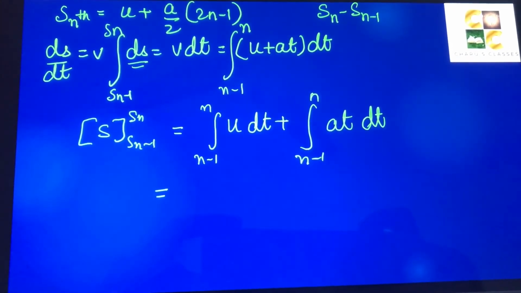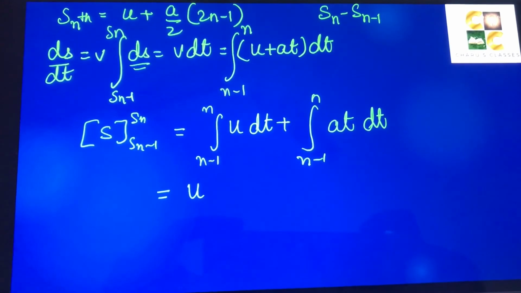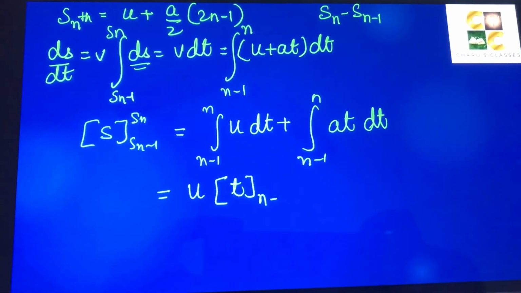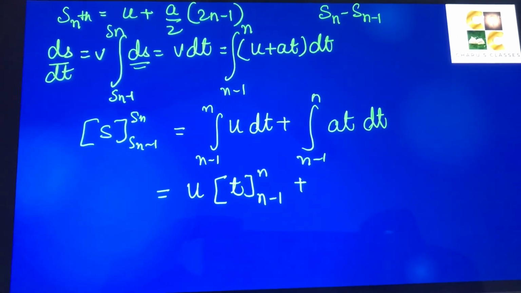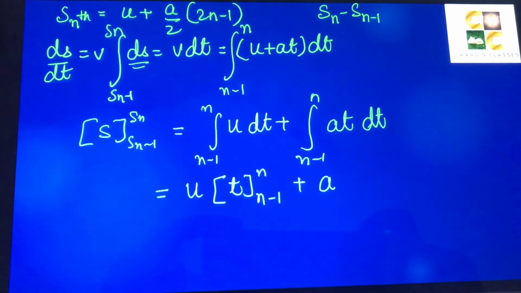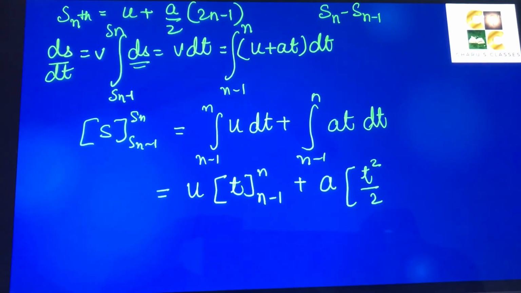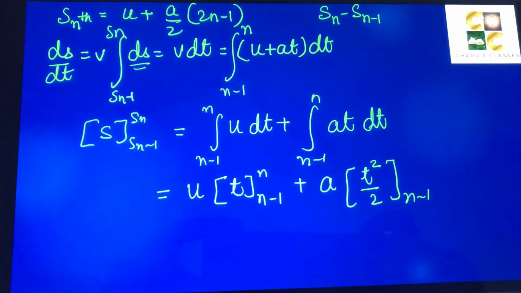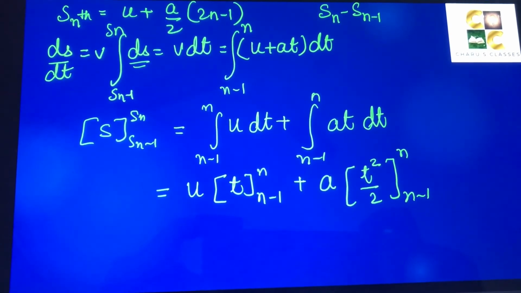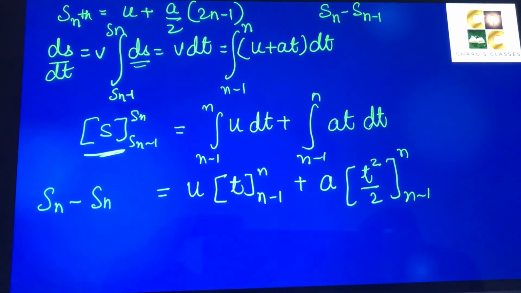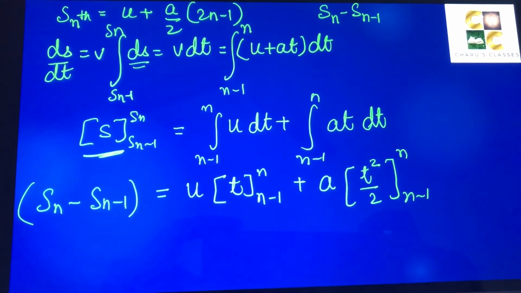So this side we have u is constant and integral of dt, that will come as t from n minus 1 to n. Here a is constant and t dt, using the integration formula, we will get t square by 2 from n minus 1 to n. Here putting the values of s here, s of n minus s of n minus 1.